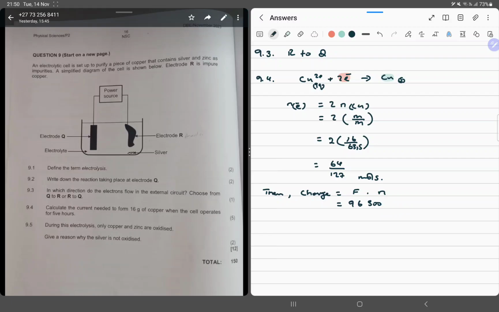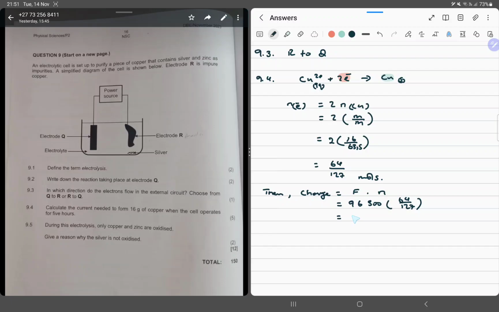That's what this is. Into the number of moles, which is 64 over 127. This is equal to 96,500 into 64 over 127.